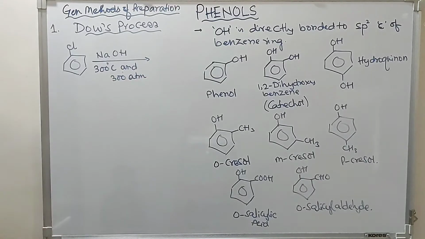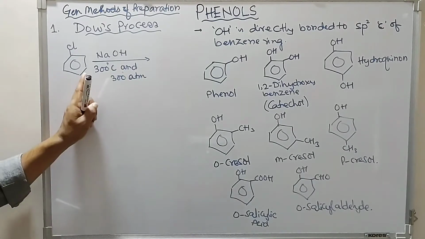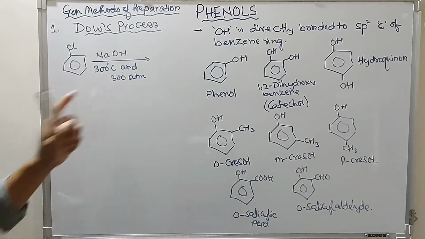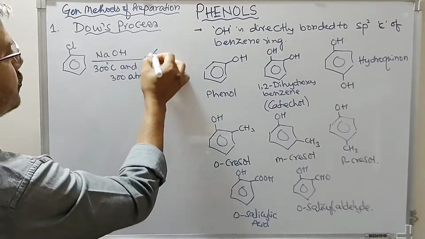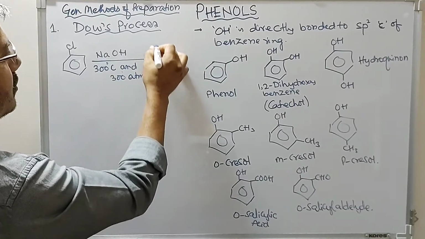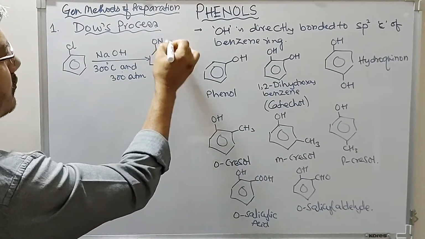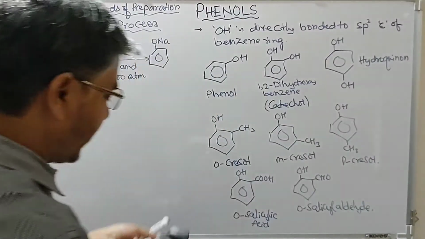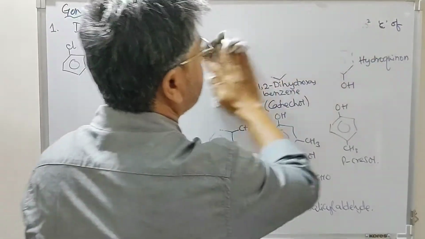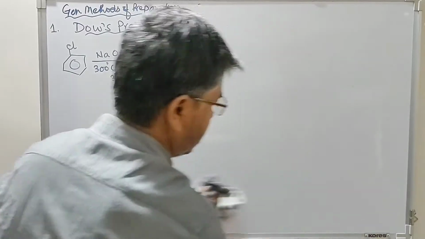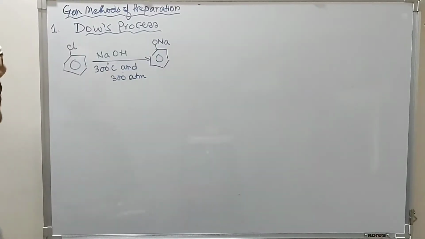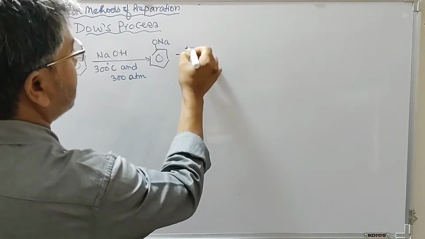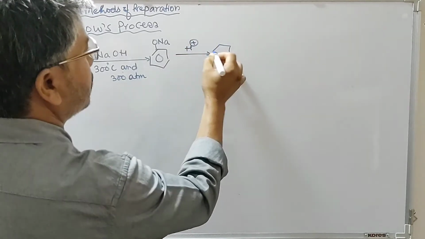So fusion of chlorobenzene with sodium hydroxide at high temperature and high pressure condition gives you sodium salt of phenoxide. This sodium salt of phenoxide on acidification gives you phenols.